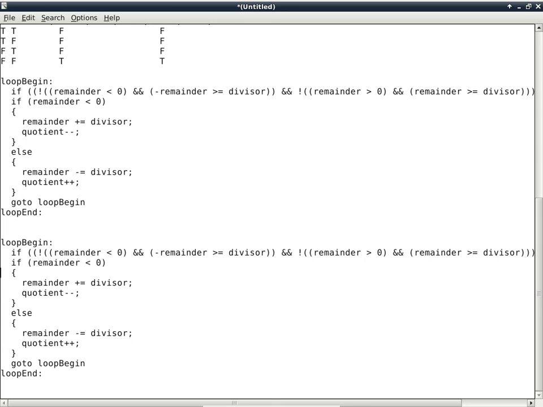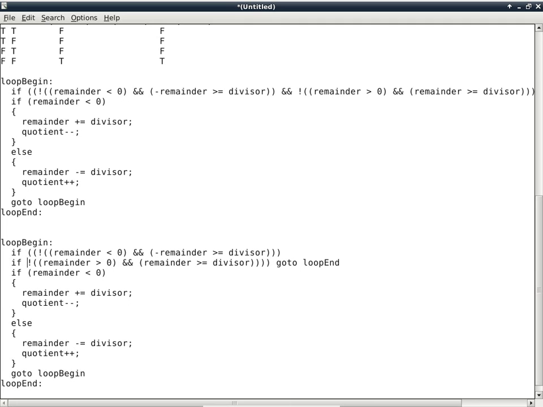Okay, so after that, you make more modifications. In this case, we are going to take care of the and. We'll basically convert it into two conditional statements, and they will go like this.